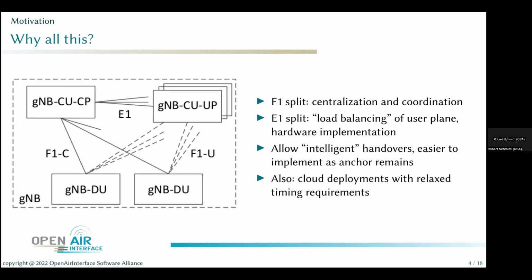There is one CU connected to multiple DUs, and it can trigger the handover while the anchor remains. Via the E1 split, the CU-CP can control various CU-UPs and, for example, do some load balancing of the user plane, because with multiple DUs, having everything go through one CU might be too much.